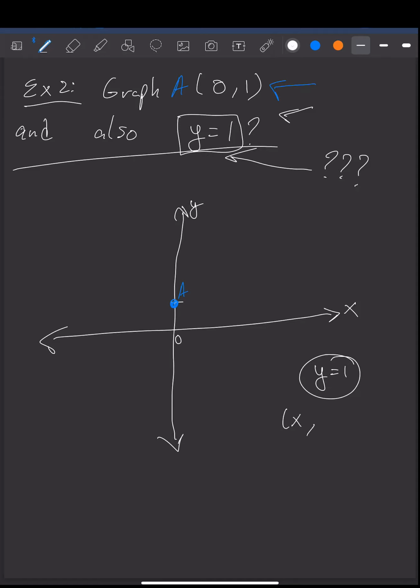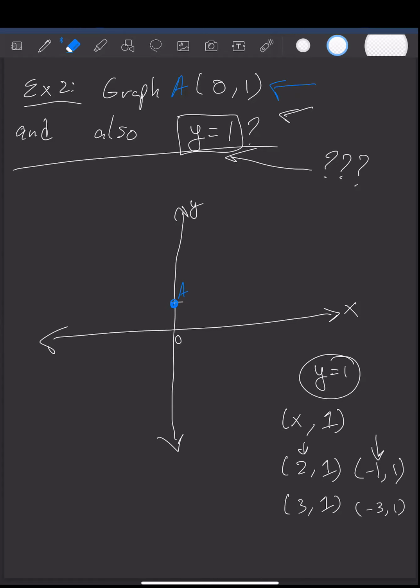X could be anything. Our y is always going to be 1. So we could have the point (2, 1). We could also have (3, 1), or a negative if you wanted to. The only thing that matters for this problem is that your y is going to be 1.